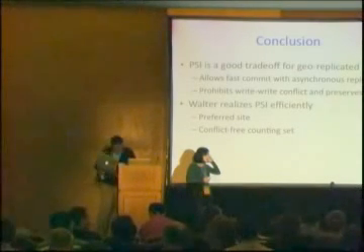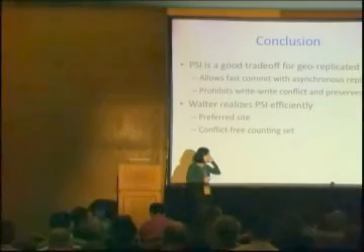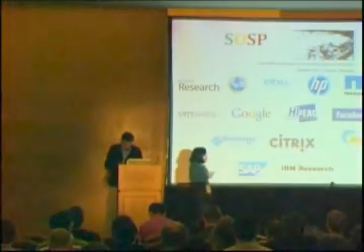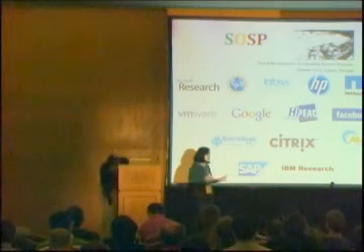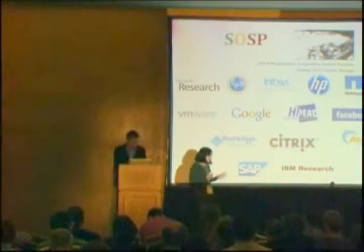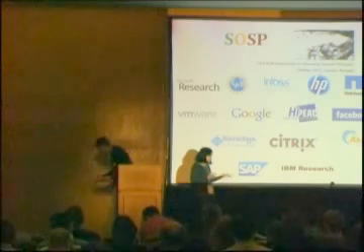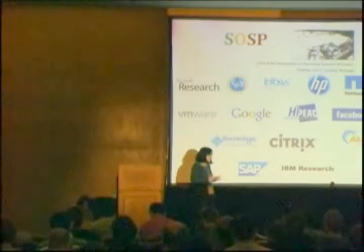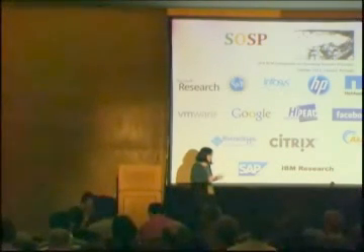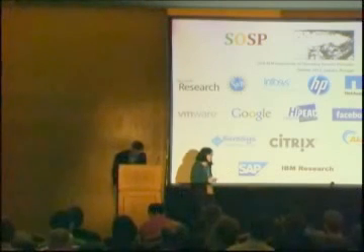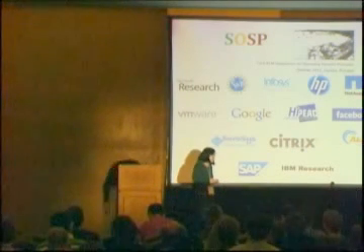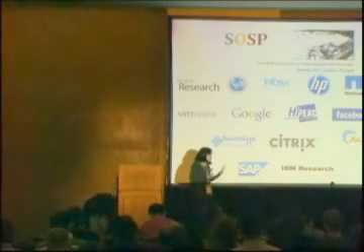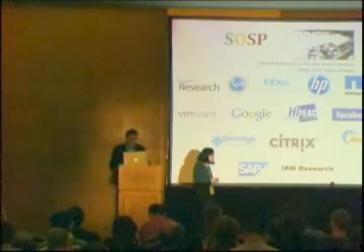Why can't you apply the same idea to a single data center? Excellent question. The short answer is that within a single data center, other people have demonstrated it's possible to achieve snapshot isolation. And if that is the case, why go for a weaker model?